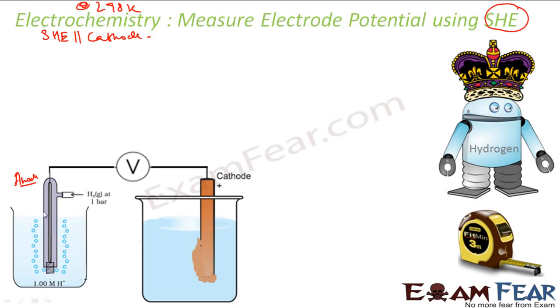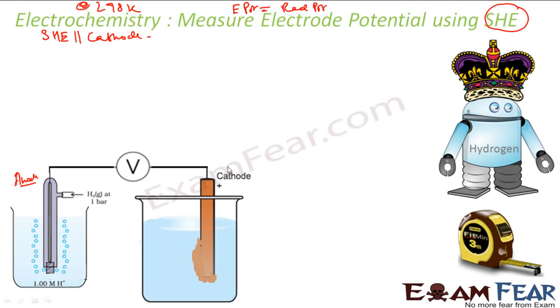So the first question is, why did I take the standard hydrogen electrode, SHE, as anode? See, we need to find reduction potential, right? Because the electrode potential is nothing but reduction potential, correct? And IUPAC says reduction potential is nothing but electrode potential.